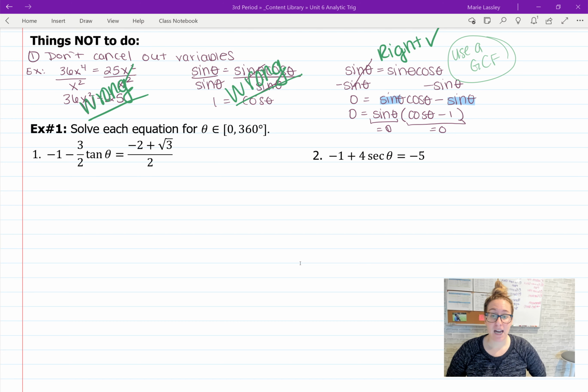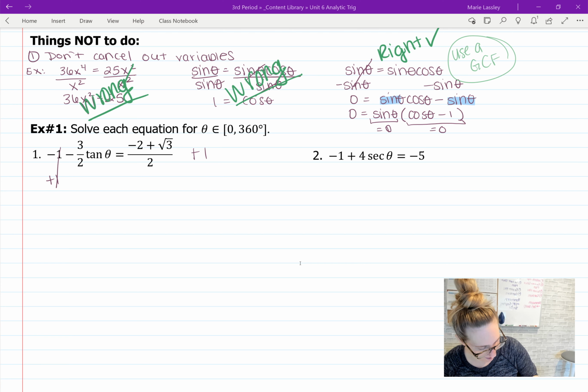So the first thing I have to do is add 1 to both sides. So add 1, add 1. This one's like a hefty fraction one. That's probably why I picked it for an example. So now we have -3/2 times tangent of theta equals. Now I want to combine this, right?